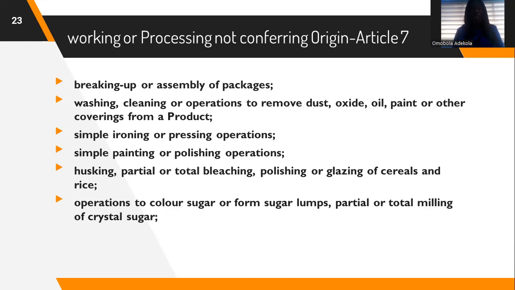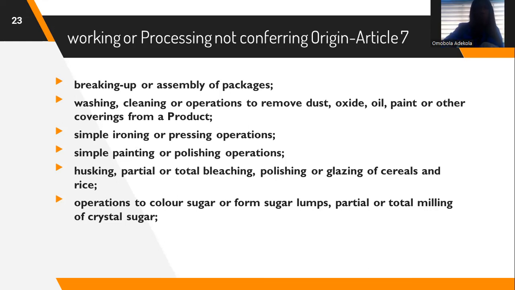We look at breaking up or assembly of packages. Let's say you have parts of cars and you are just breaking that up and trying to assemble the package. That does not mean it's sufficient transformation work, and it's not going to qualify for preferential treatment.